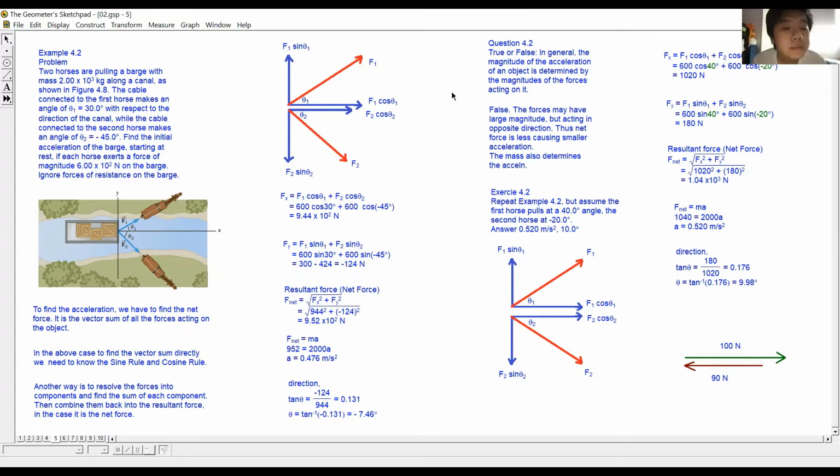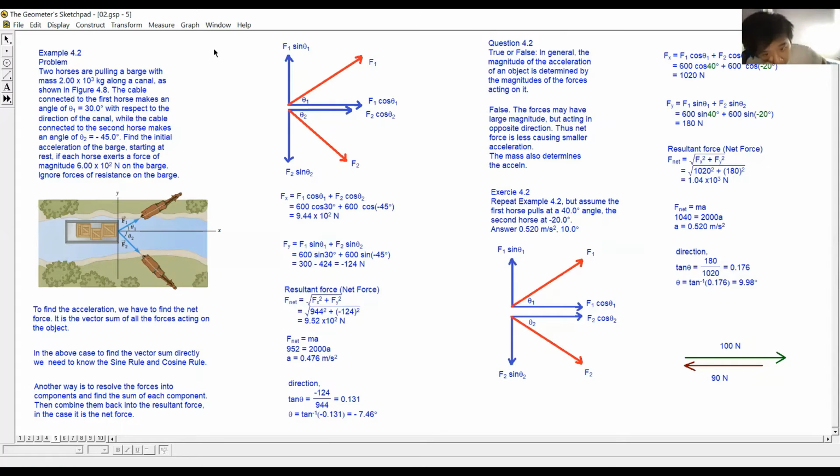Okay, so the question is like this. There are two forces here. One is called F1, the other one pulling in this downward direction is called F2, right? Two forces will produce a resultant force, or sometimes we call it the net force.